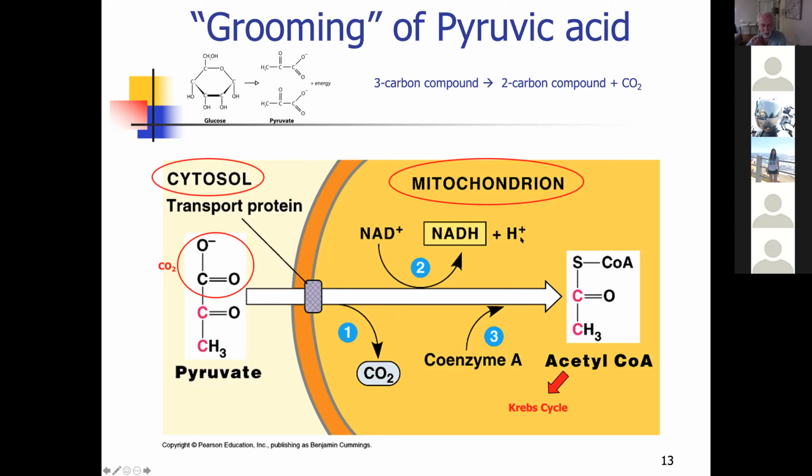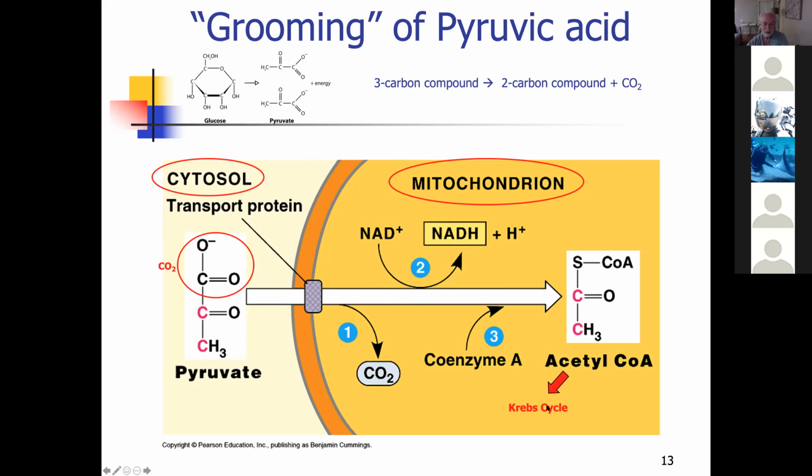And NADH plus H plus is generated. Coenzyme A is added to this resulting compound, which is now a 2-carbon compound called acetyl-CoA. And this acetyl-CoA is the first step in the Krebs cycle.